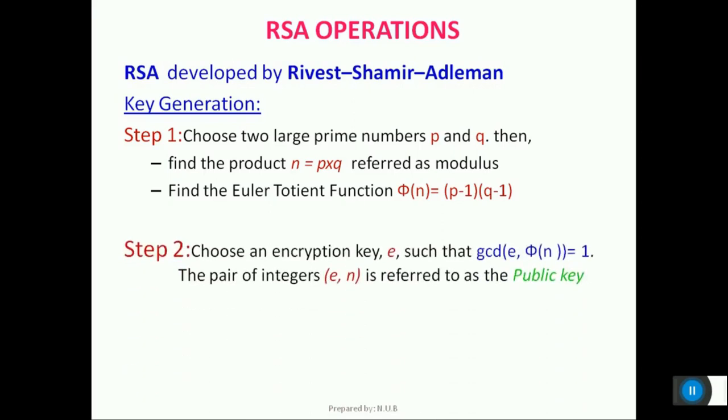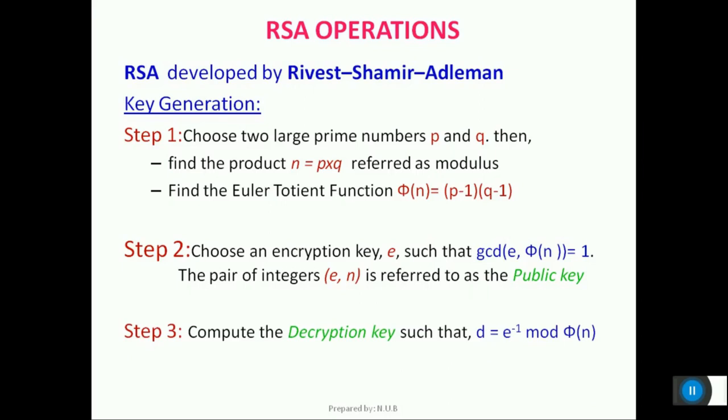The next step is finding the encryption key, which is the public key. For that, find a number E such that GCD of E and phi n is equal to 1. And now the combination E and n is called the public key.